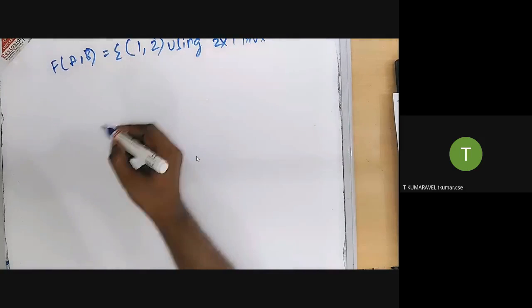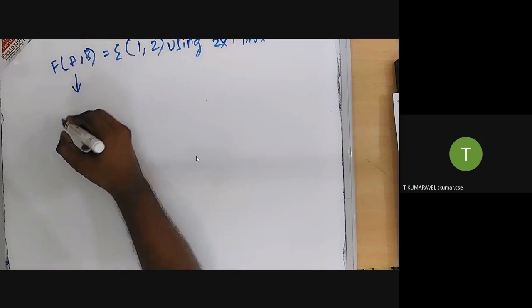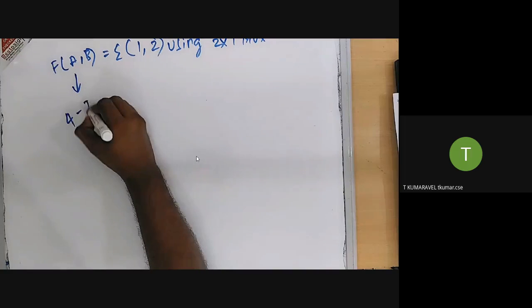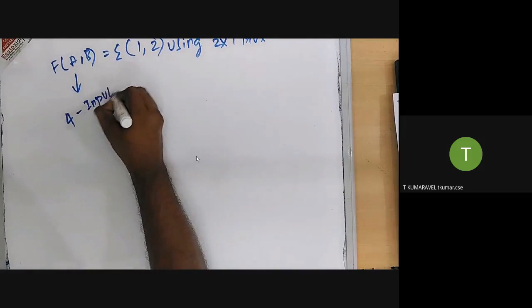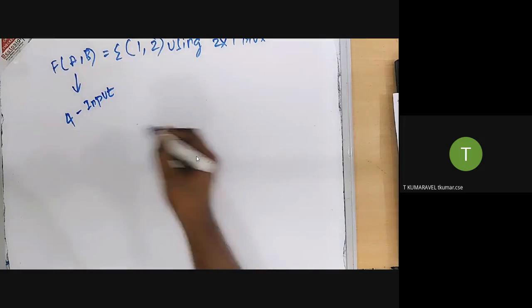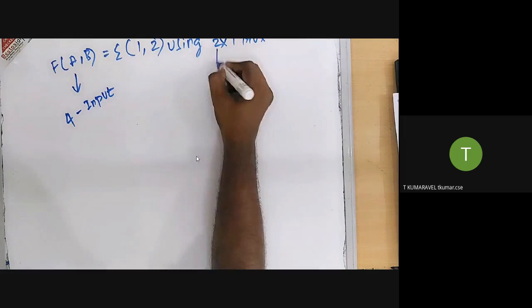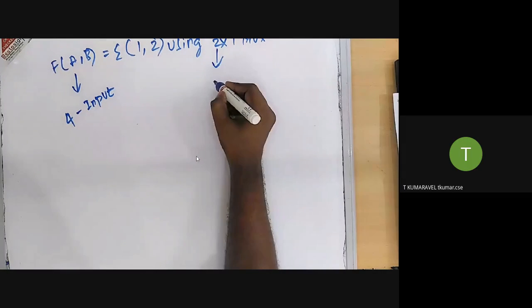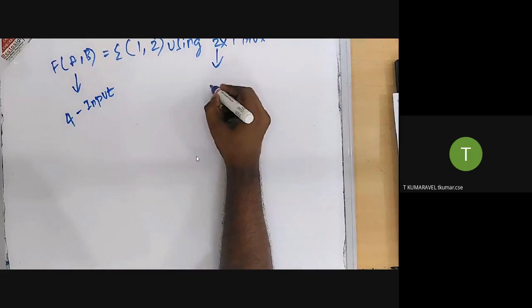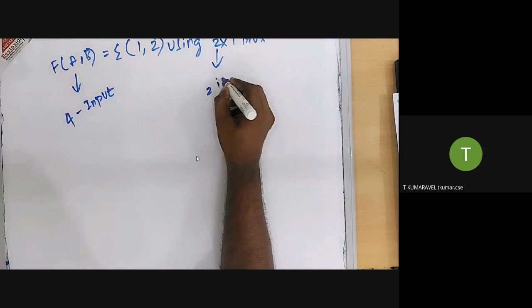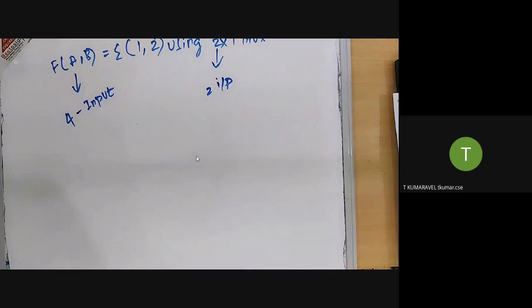This is a two variable function, which means four input combinations are available. But you want to implement it using a single 2 by 1 multiplexer. If you consider a 2 by 1 multiplexer, it takes only two input lines. How do you do that?